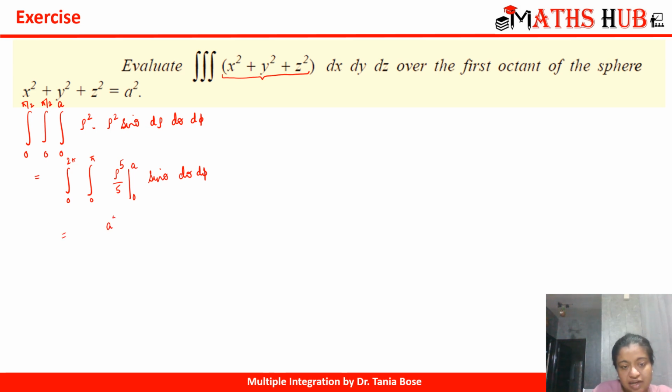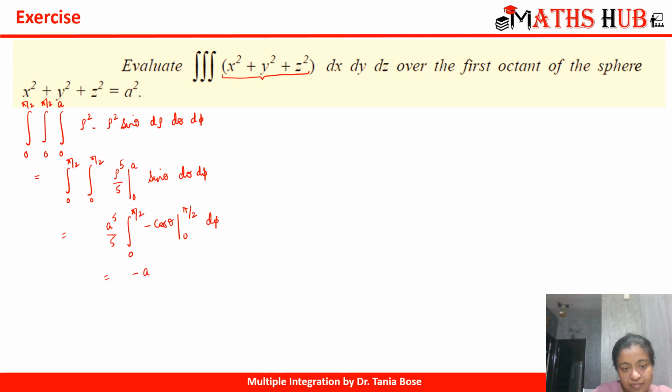So now this is a to the power 5 by 5, integration 0 to pi by 2. Integration of sine theta is minus cos theta, with limits from 0 to pi by 2. So we have d phi.